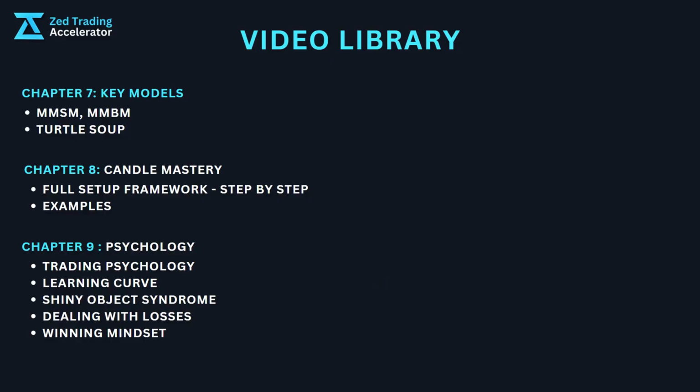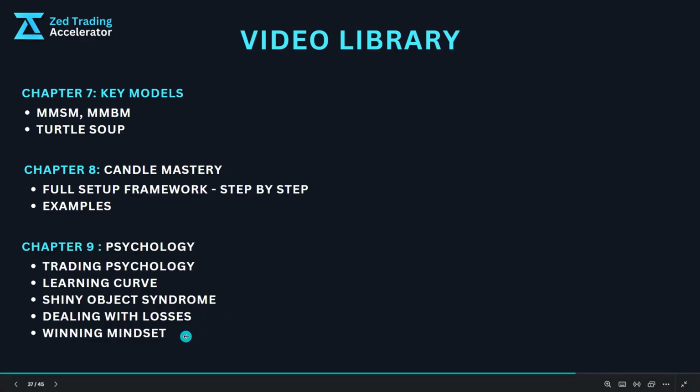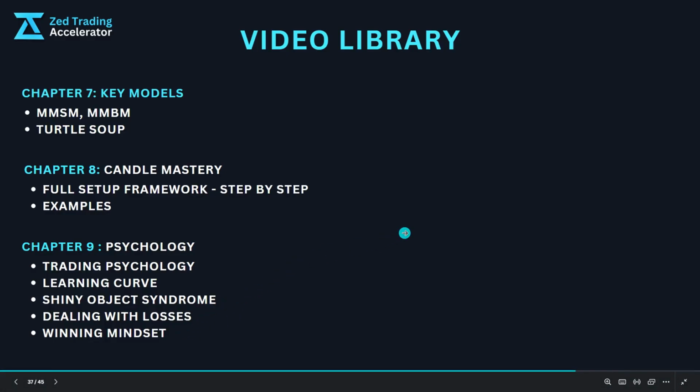Then you try to use that setup once again. That is the shiny object syndrome. I will tell you how to avoid it and all about that psychology. Also, I will teach you how to deal with losses and, of course, winning mindset.